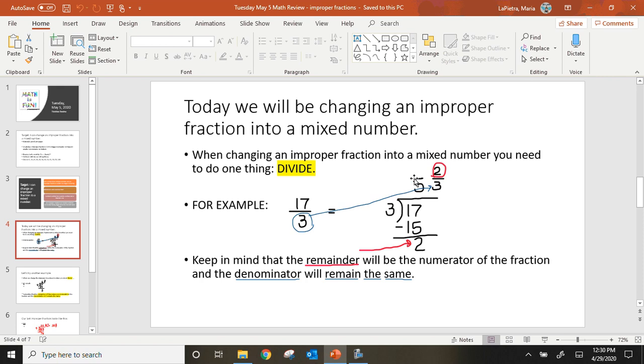So 5 is my whole number, 2/3 is my fraction. Remember, keep in mind that the remainder will be the numerator of the fraction, and the denominator will remain the same. So you see how I have an arrow from this 3? Because when you get your mixed number, that 3 remains your denominator.